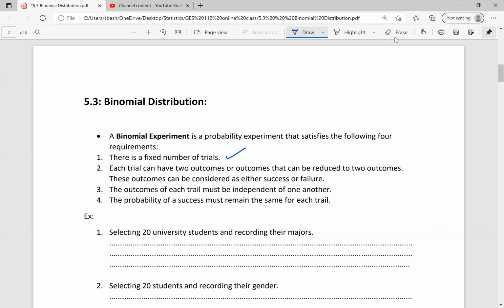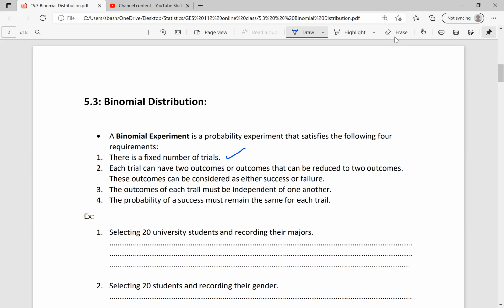We'll come to this one later on. The outcomes of each trial must be independent of one another. The probability of success must remain the same for each trial. If these four conditions are satisfied for the experiment, we call it a binomial experiment.